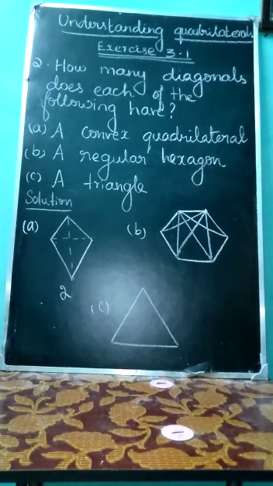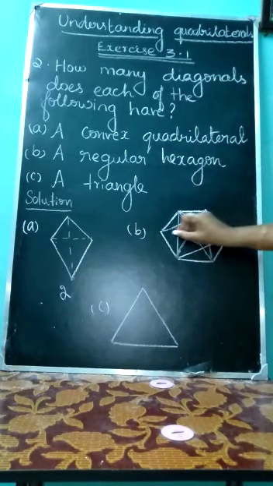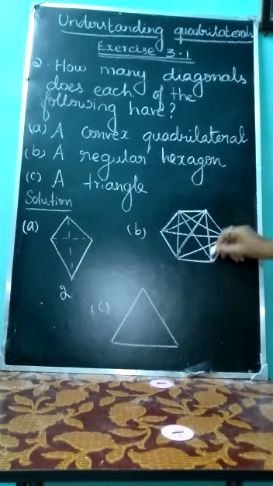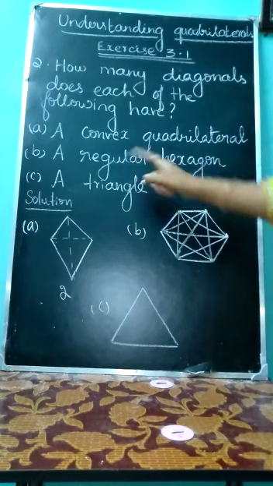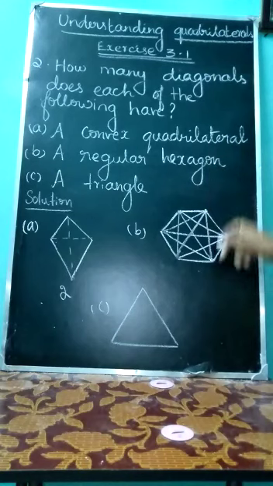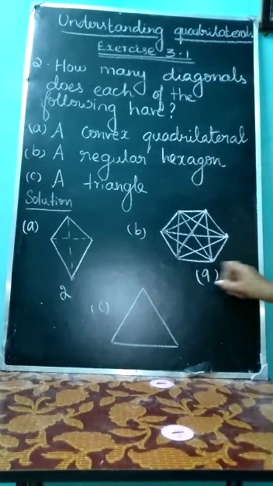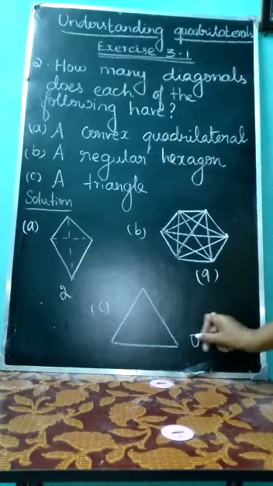Now we choose the next point. Seventh one, eighth one, and we choose the next point. This is the ninth one. So a regular hexagon has 9 diagonals. The next one is a triangle. Actually we can't draw diagonals for a triangle, so the answer is 0.